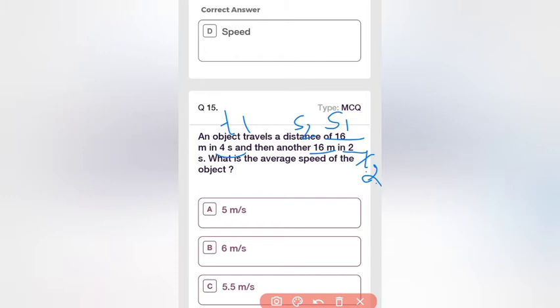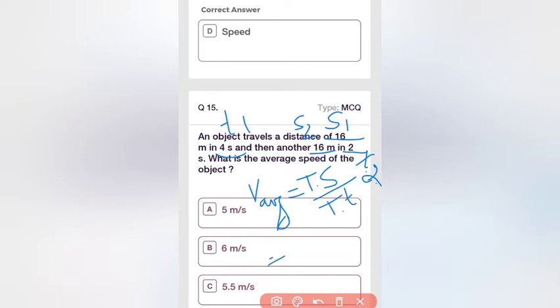So what will be the average speed? What is the formula for average speed? Average speed is equal to total distance by total time taken.